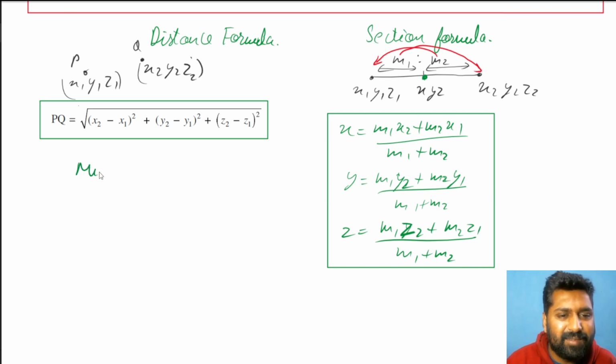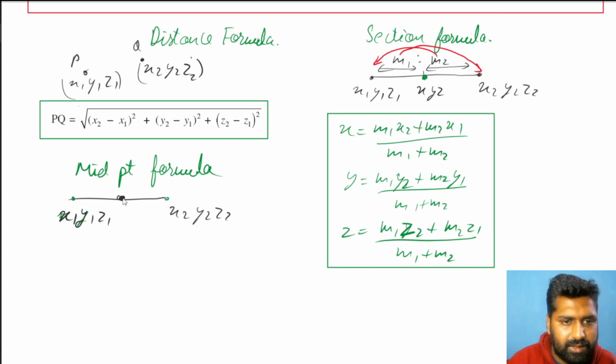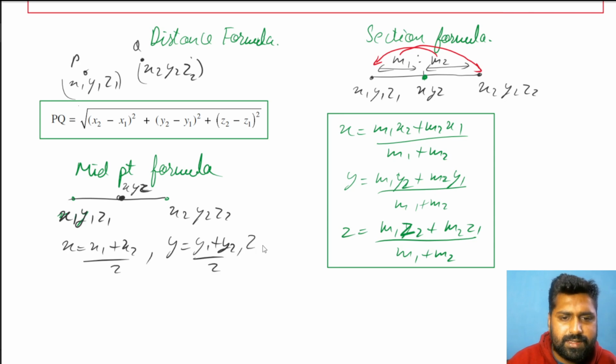Midpoint formula: two points x1 y1 z1 and x2 y2 z2. You want the midpoint, that's x y z. So x is x1 plus x2 by 2, y is y1 plus y2 by 2, z is z1 plus z2 by 2.